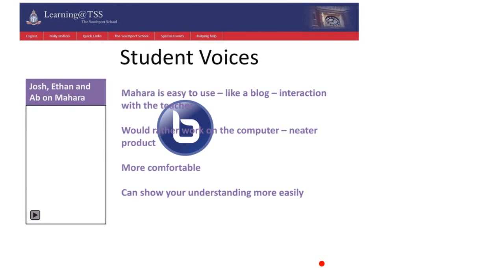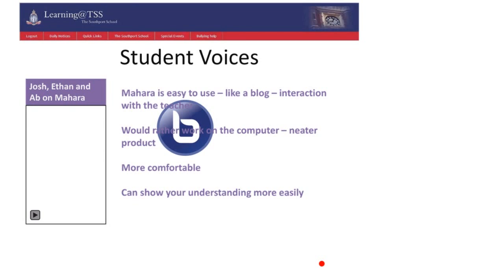Do you find it different to the work that you were doing last year? Yeah, because we were only working on pen and paper last year. Okay, and how does it compare to working on the computer or on Mahara as opposed to pen and paper? I'd rather work on the computer because I think it's easier to get all the characters. Easier than writing it by hand.